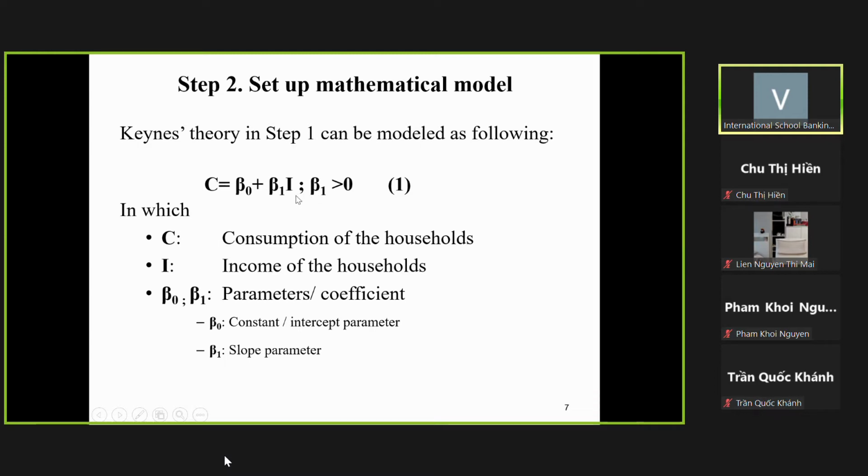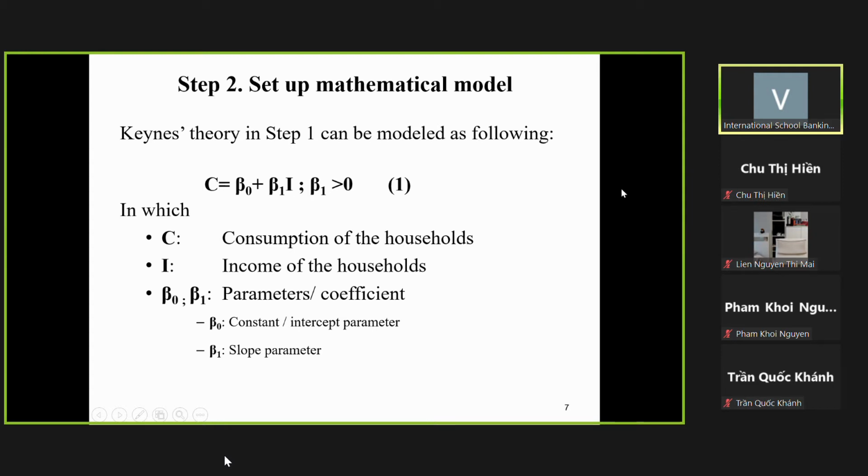Because of some reasons, we do not include them in the model, but it doesn't mean that they do not exist. So when we calculate the effect of income on consumption, we need to consider the existence of the other factors besides income.